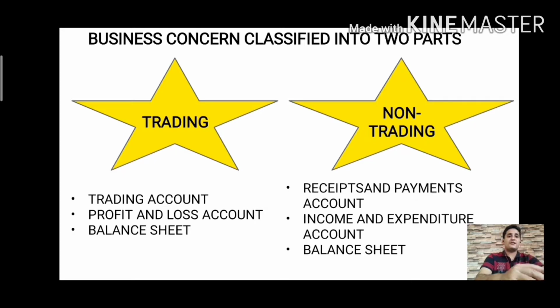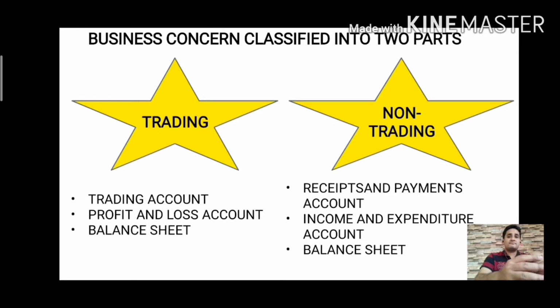On the other hand, a non-trading organization or not-for-profit organization has a main objective that is not earning profit but to serve the society. They provide service to the society. So their main aim is not to earn profit, and that's why it's called a not-for-profit organization.